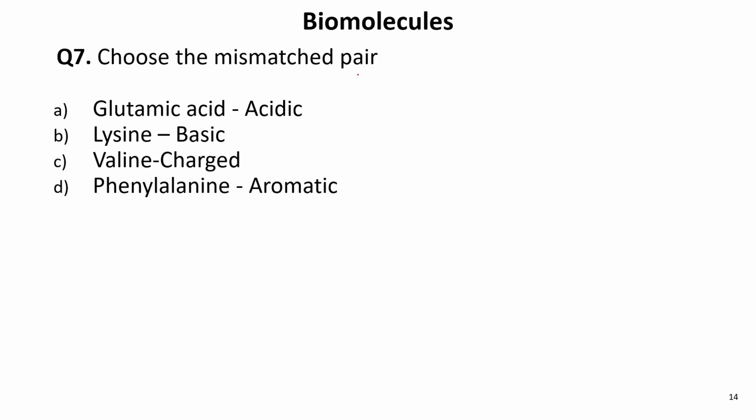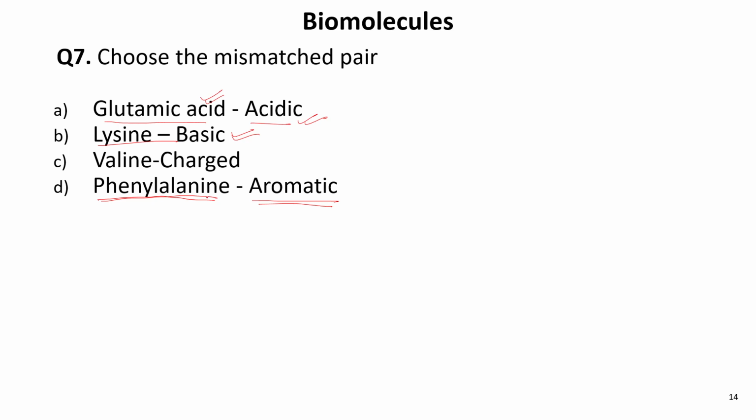Choose the mismatched pair. Here glutamic acid, as its name indicates, is acidic in nature. So glutamic acid is an acidic amino acid. Lysine is a basic amino acid. Coming to the fourth option, phenylalanine, if you remember, is an aromatic amino acid, and there are 3 different aromatic amino acids we have already covered in a question.